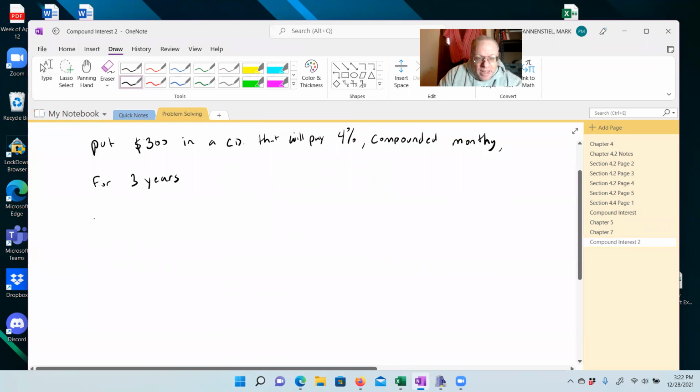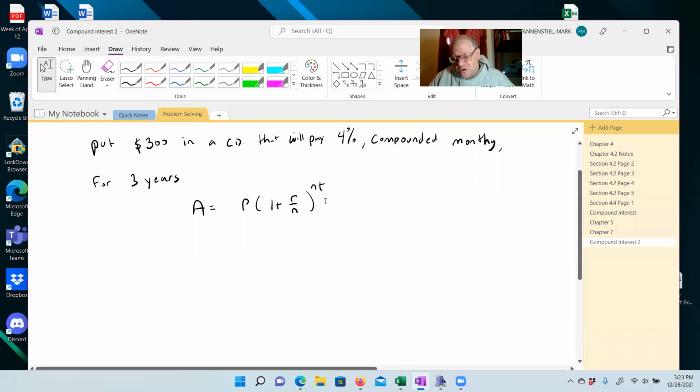Okay, so we have A is equal to P(1 plus R over N) raised to the NT. I think I put these on every problem I asked you to do. I would make a little note, because when you do your quiz, we don't proctor you.